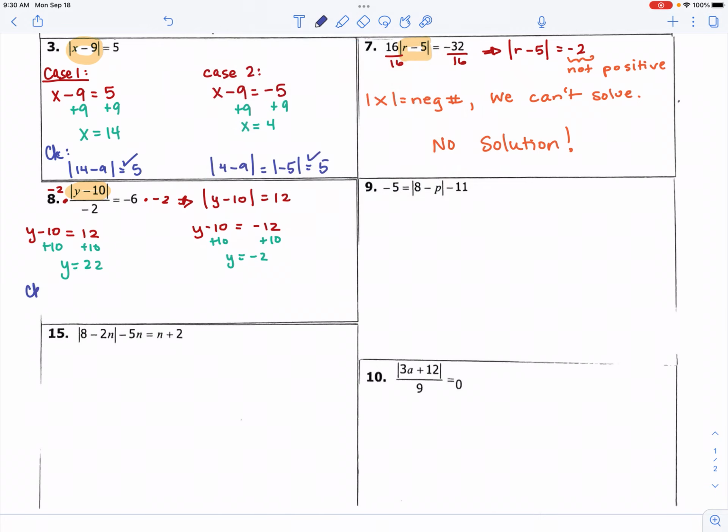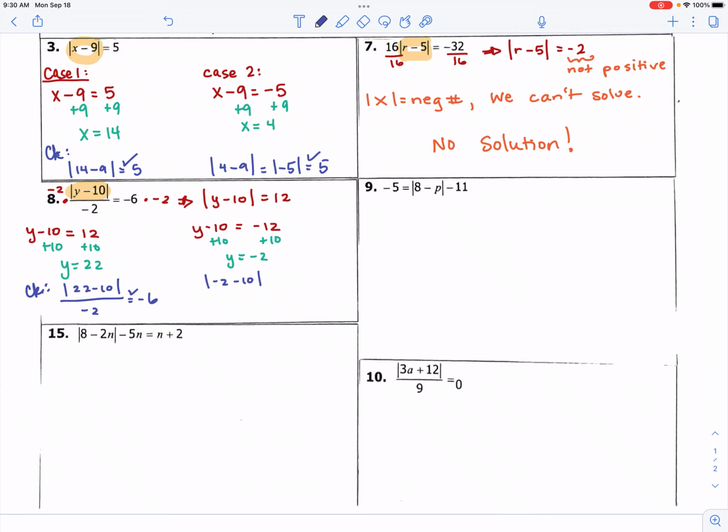And then we check. So again, we got to go back to the original problem. So the absolute value of 22 minus 10 over -2, does that equal -6? 22 minus 10 is 12. Absolute value of 12 is 12. Divided by -2 is -6. And then we go back to the original and plug in our y equals -2.